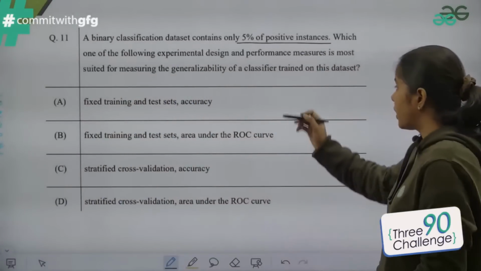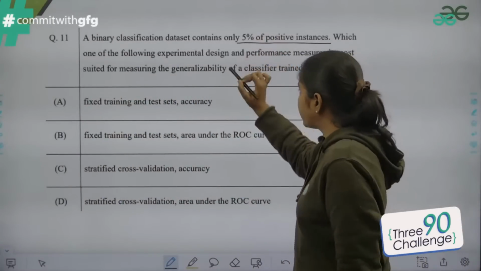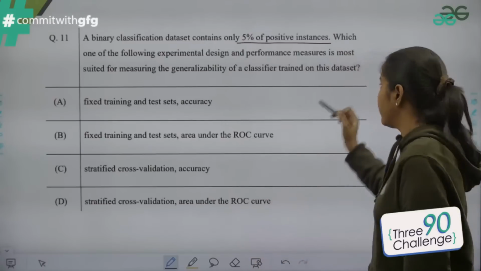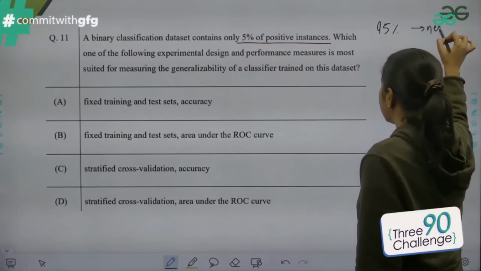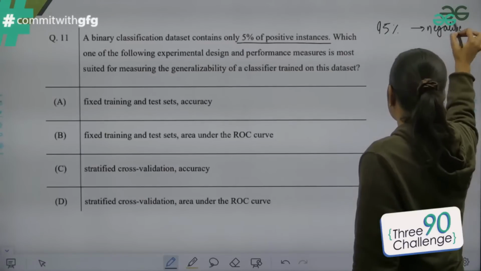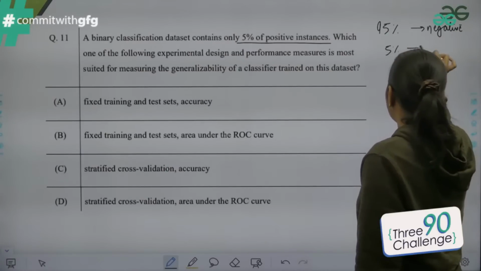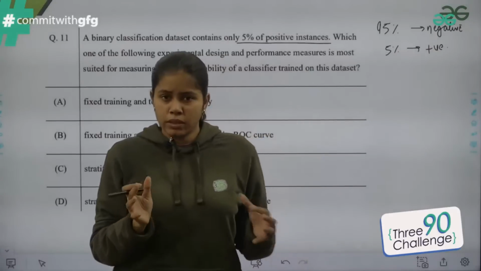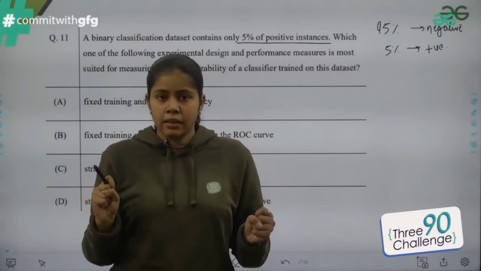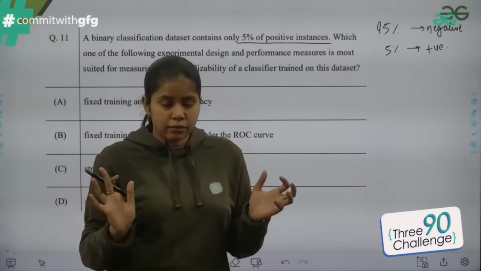Okay. So, guys, you can see that we have only 5% of positive instances. So that means 95% are negative instances, and 5% are positive. So let's suppose I divide that data set into testing data and training data.